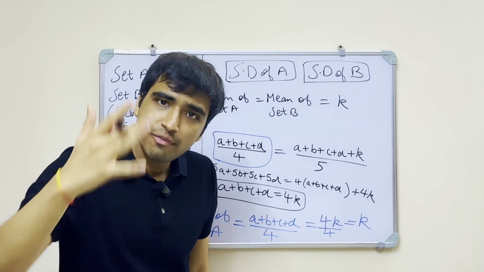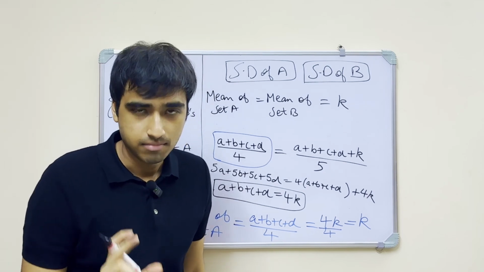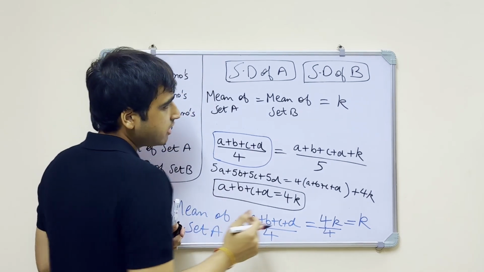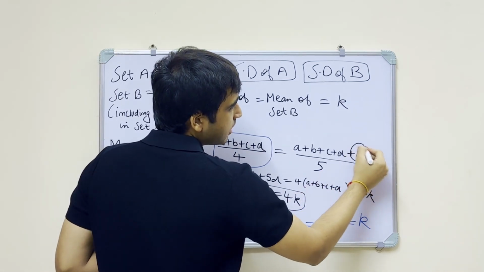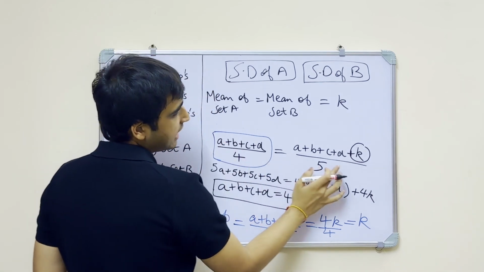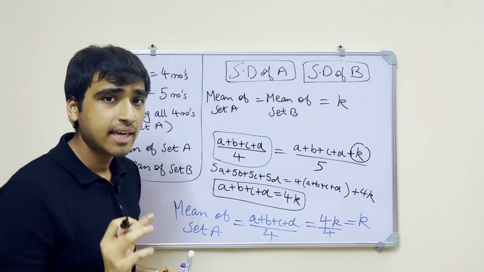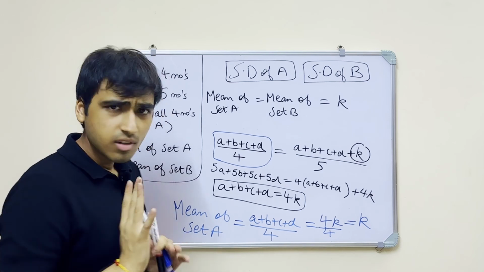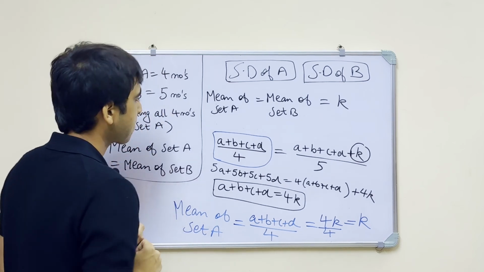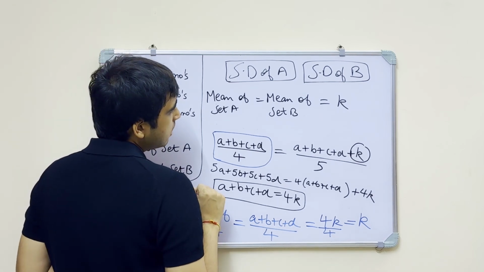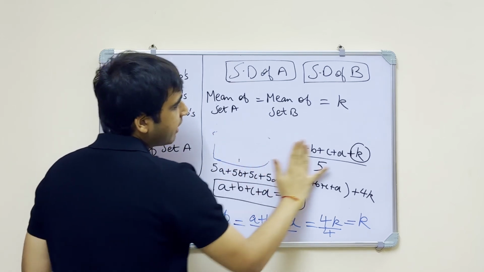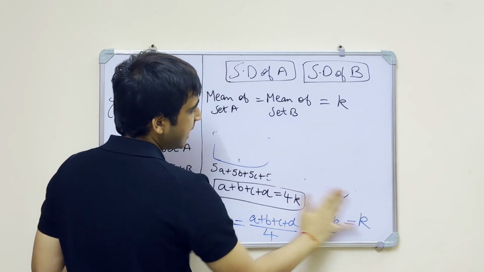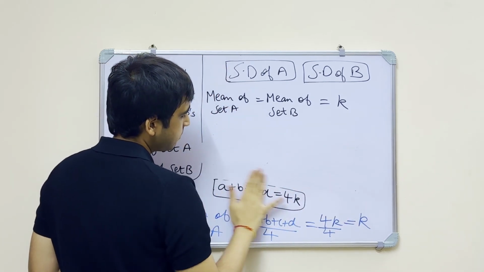K was the fifth element in set B, right? So this was set A, this was set B. I hope this should be clear, right? Okay. So now tell me one thing. We have to compare standard deviation, right?